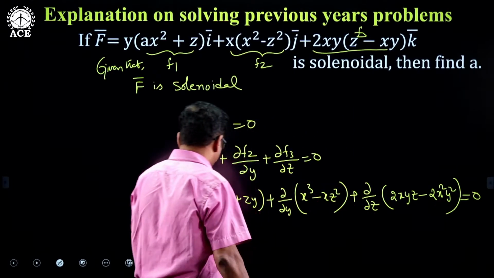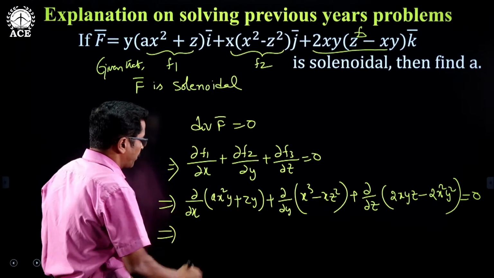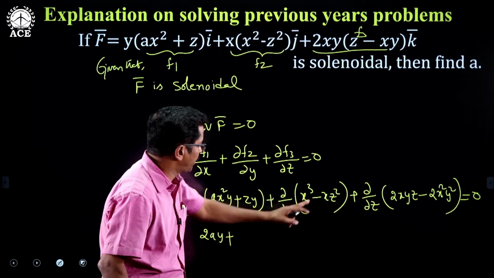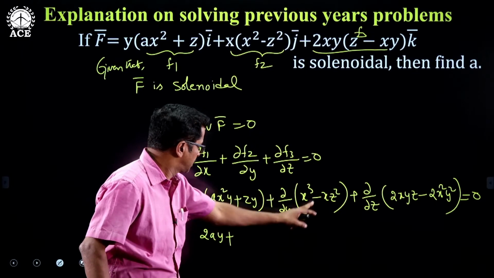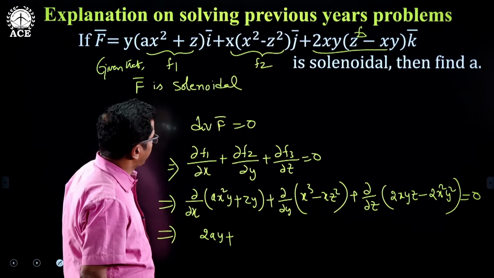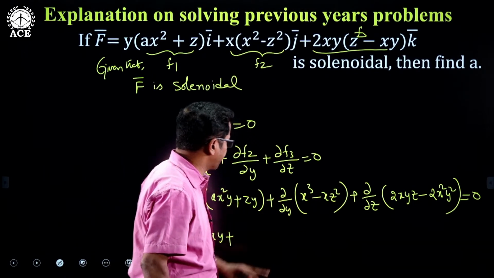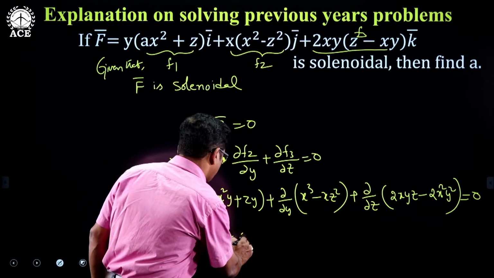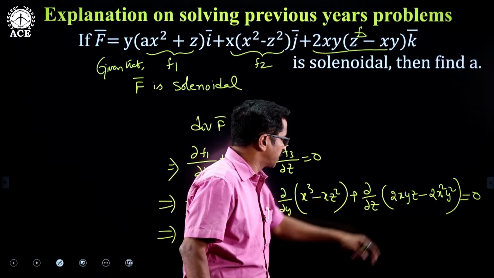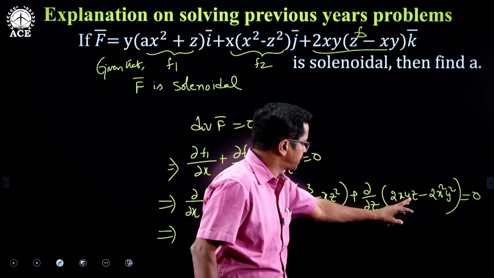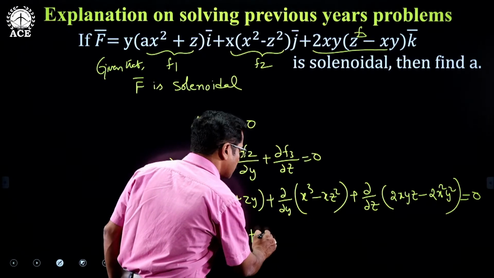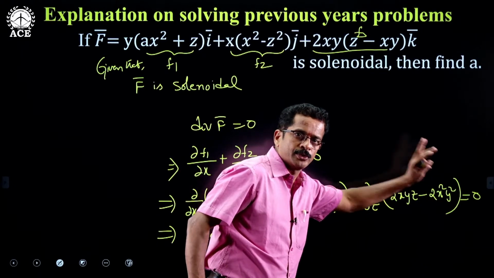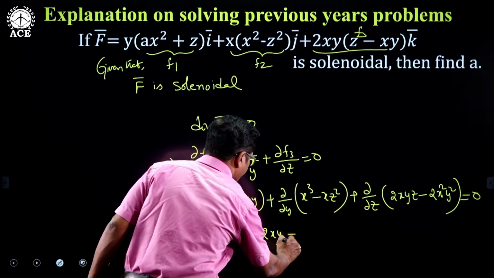Now that implies dou by dou x of this is 2ay plus dou by dou y of this, which is independent of y term, is going to be 0, plus dou by dou z of here. Dou by dou z means 2xyz differentiation is 2xy, and this is independent of z term whose differentiation is 0, is equal to 0.